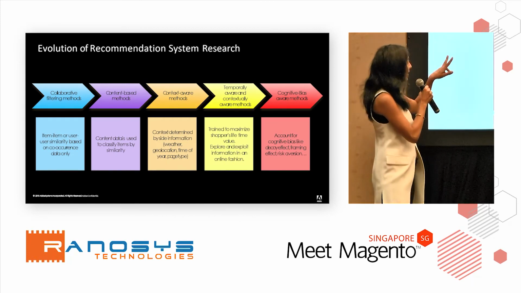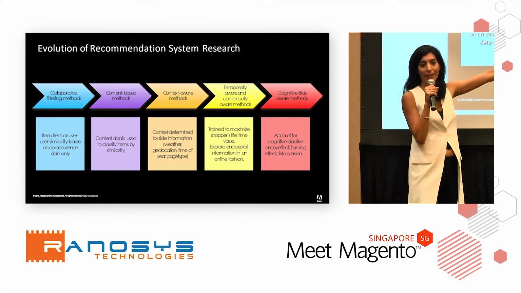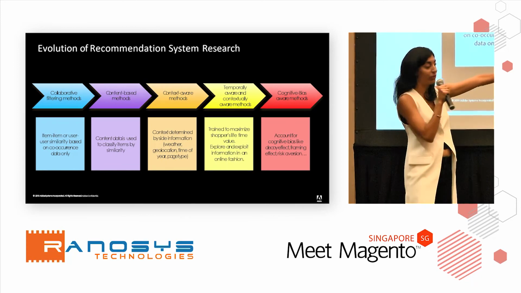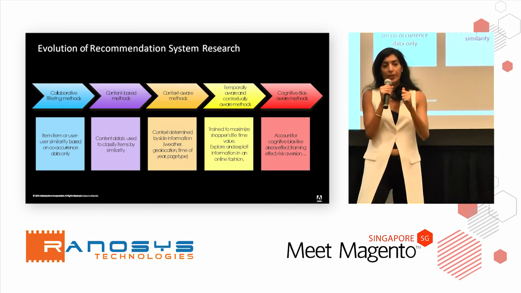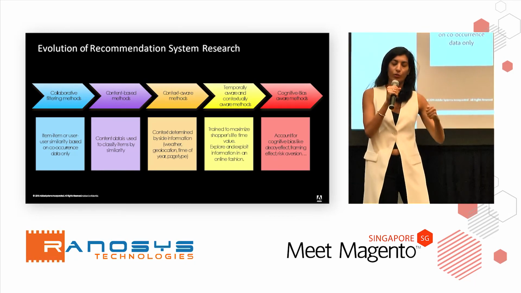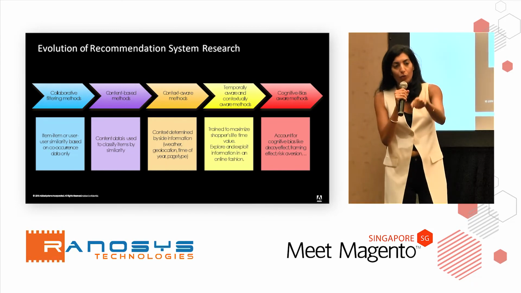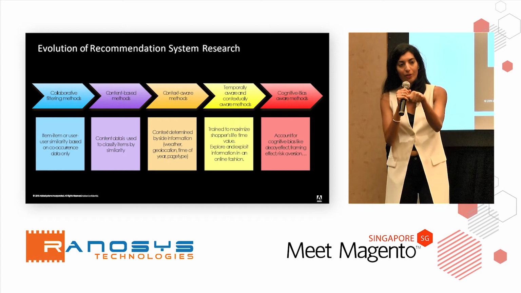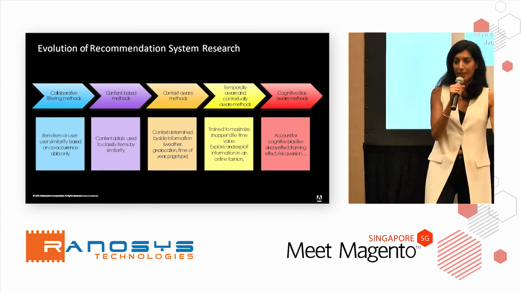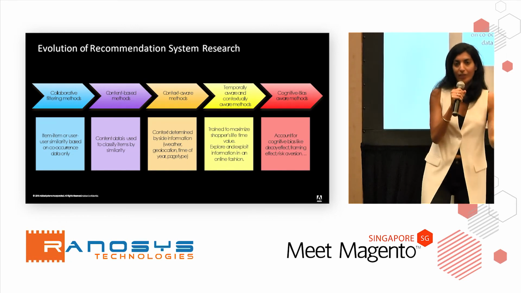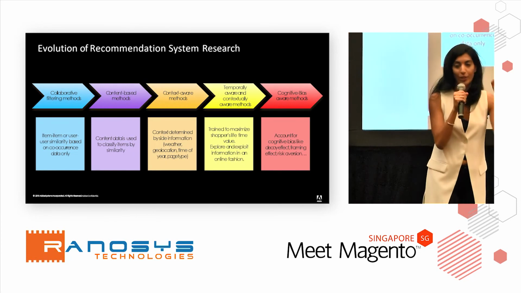And then the last two, which we're investing in doing a lot of research in at Magento and Adobe in general. One is the temporally aware and contextually aware recommendation systems, where you don't just want to maximize clicks on a product right now. When I recommend a product to you, I want you to click on it, yes. But this is an instantaneous optimization. I want to maximize the likelihood of you clicking on the product now.